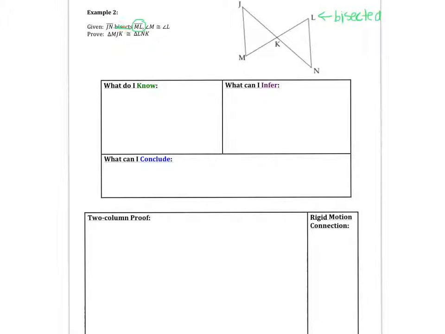Whenever I say JN bisects ML, JN is just the segment that's doing the bisecting. It is not bisected. So only the second term. So the second segment that's listed will be the one that's bisected. Okay, I also know that angle M is congruent to angle L. So I know JN bisects ML, and I know that angle M is congruent to angle L.